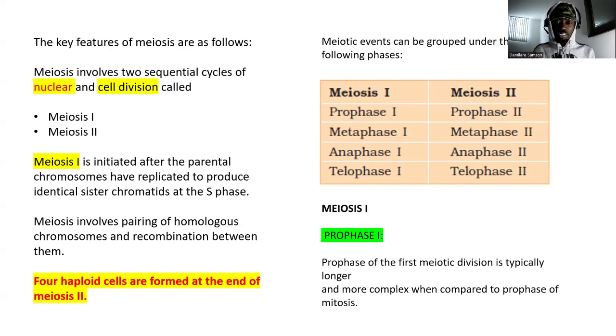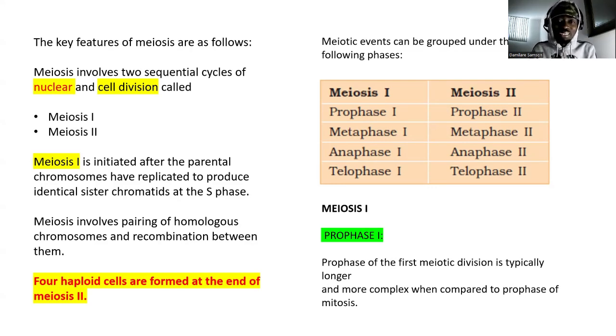Yeah, it doesn't take time at all. In short, the prophase of mitosis, please, I want you to understand what I'm trying to say clearly. The prophase of mitosis is almost the same as the prophase of meiosis 2.